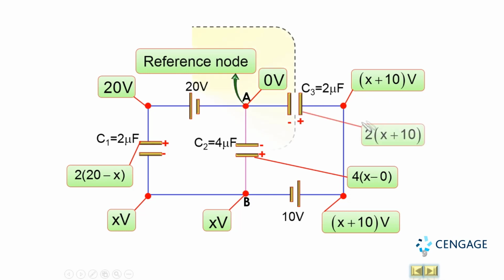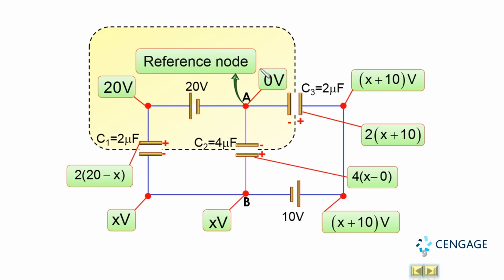Now we can observe this enclosed area is forming an isolated system. You can observe here one battery, that is 20 volt, is enclosed within the isolated system. We can enclose any battery in the isolated system because a battery is not a generator of charge. It is just a charge pump.